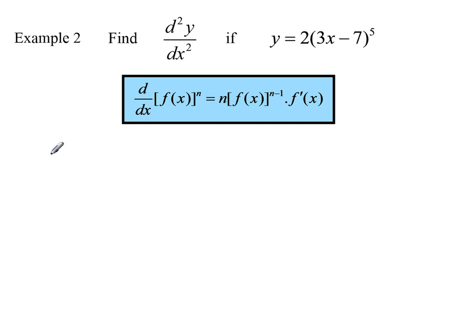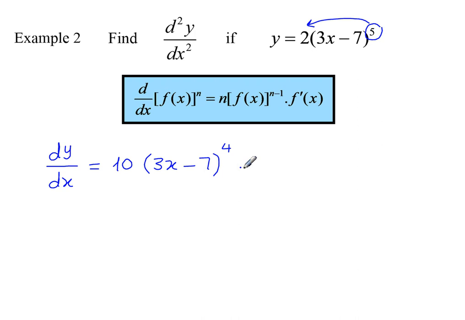So let's apply this rule to find dy by dx, or the first derivative. dy by dx is equal to 5 to the front, so 5 times 2 would be 10, so that would be 10 times 3x minus 7 to the power of 4 times the derivative of what's inside the bracket.